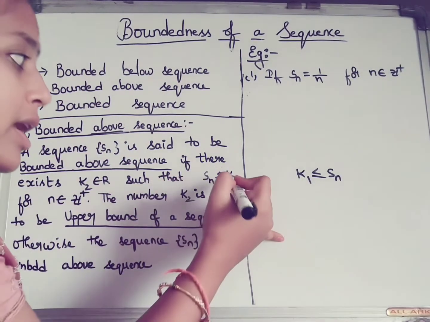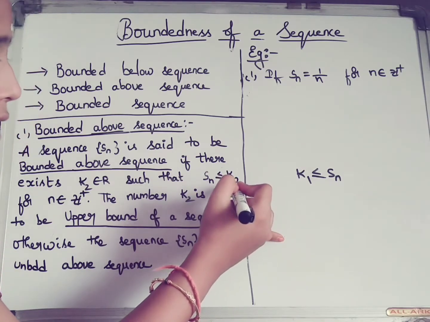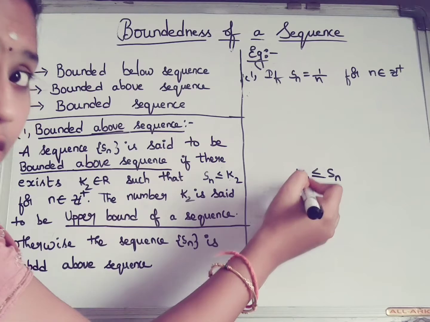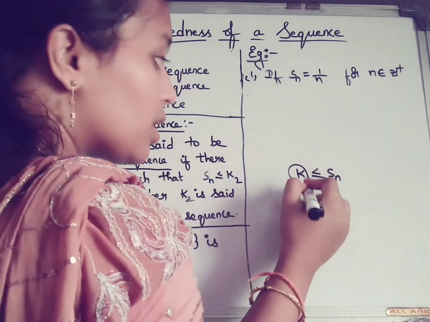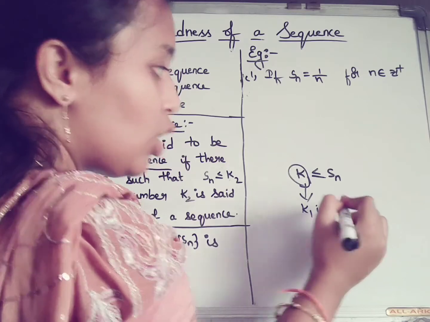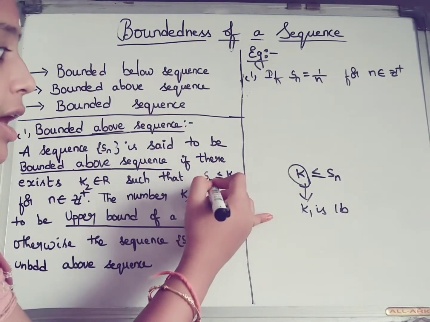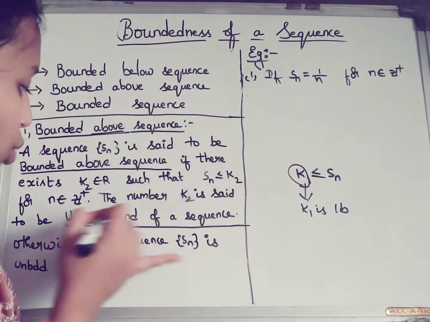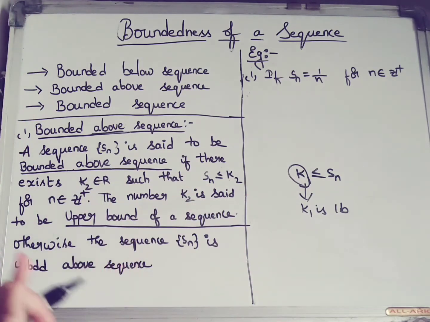So K2 is the greatest number, and K1 is the least number. So we can consider K1 a lower bound, and K2, the greatest one, is said to be an upper bound of the sequence.